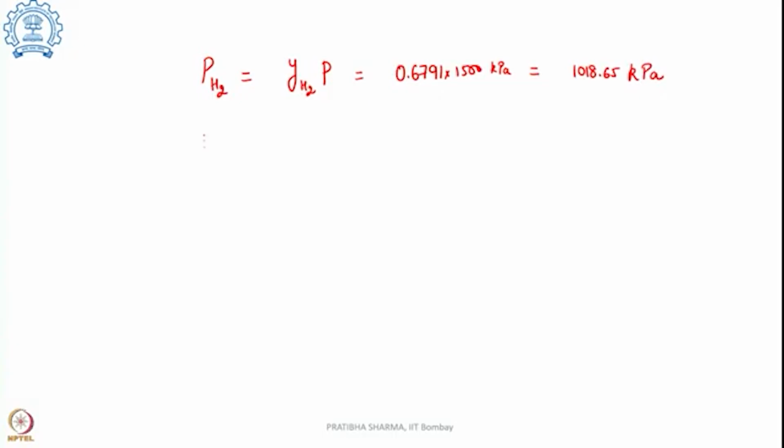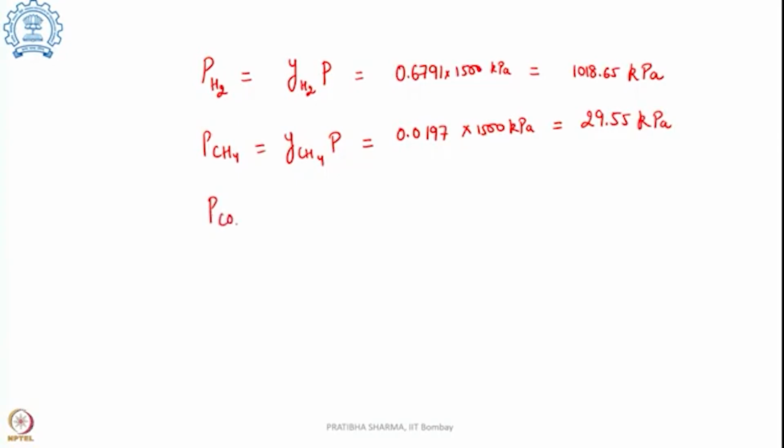Similarly, we can find it for other species. For methane, again the mole fraction times the total pressure. Given that the mole fraction is 0.0197 and the total pressure 1500 kilopascal, that gives a value of 29.55 kilopascal.